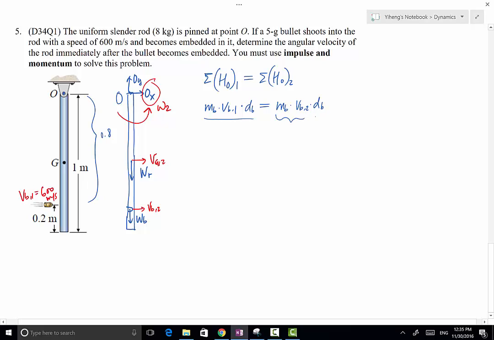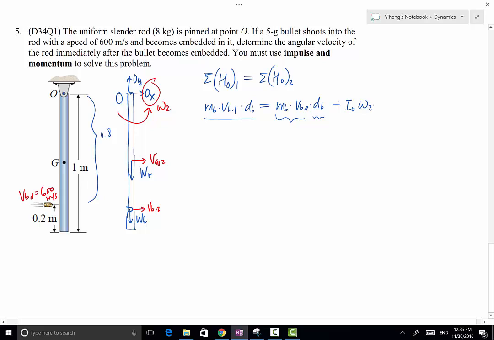So again, linear momentum, moment arm, plus the angular momentum of the rod. In this case, because we have rotation about a fixed point, the angular momentum of the rod about point O, which is the center of rotation, simply equals I_O omega 2.